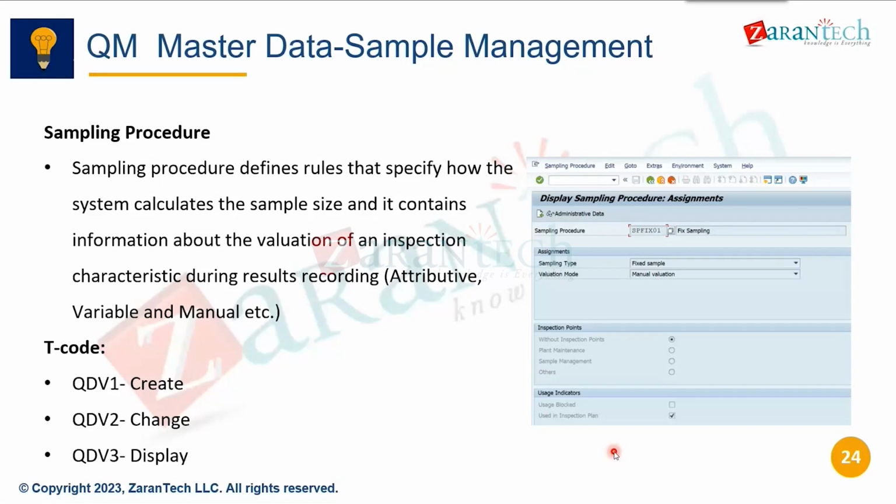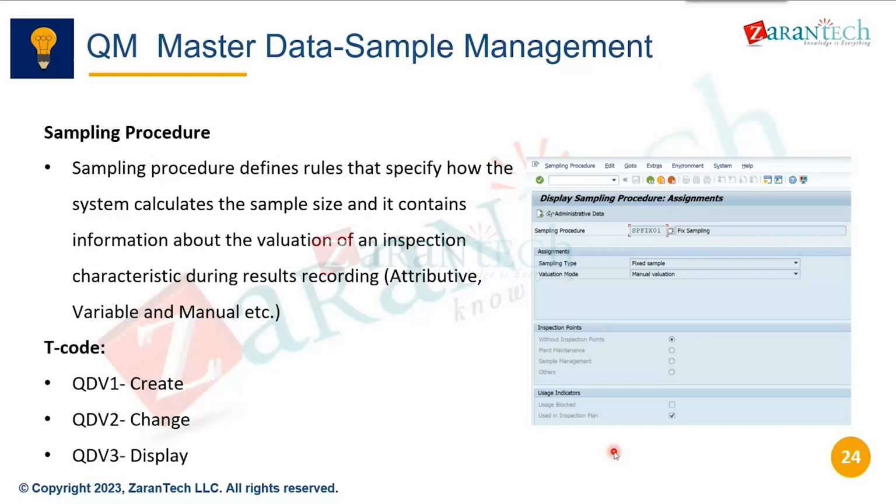Here we have different types of inspection points, meaning how to calculate: without inspection points, whether the sampling procedure is for plant maintenance, or through sample management, or others. So we have multiple options here: with inspection points, without inspection points.